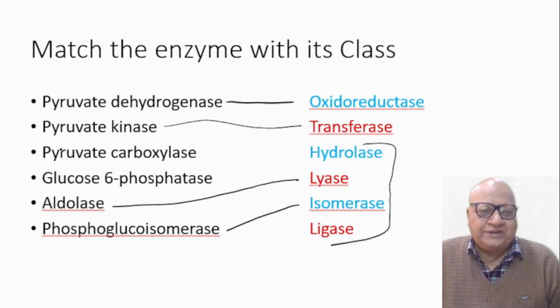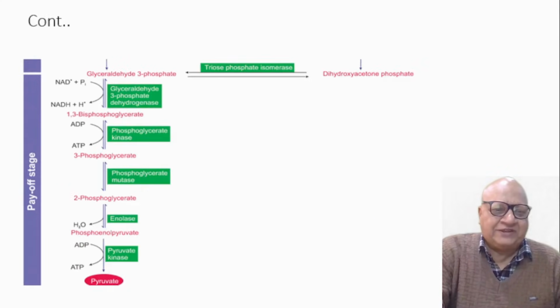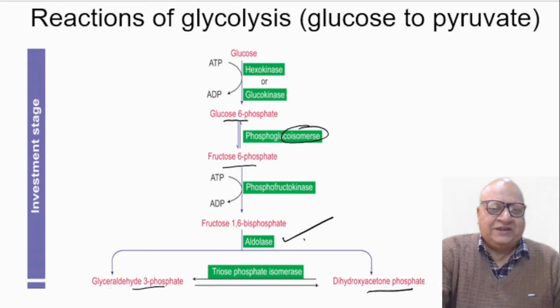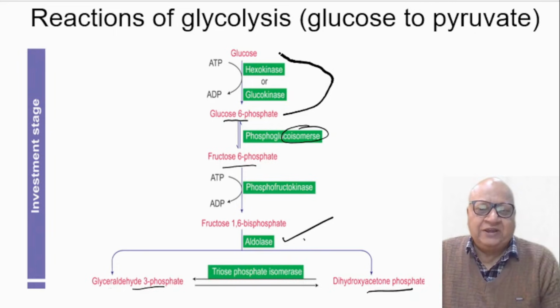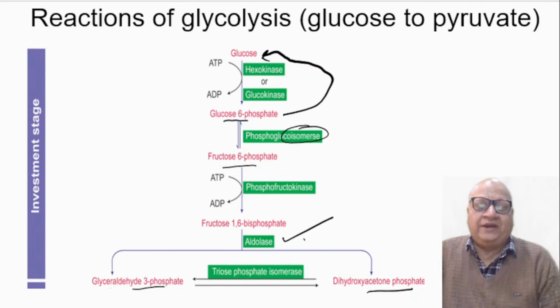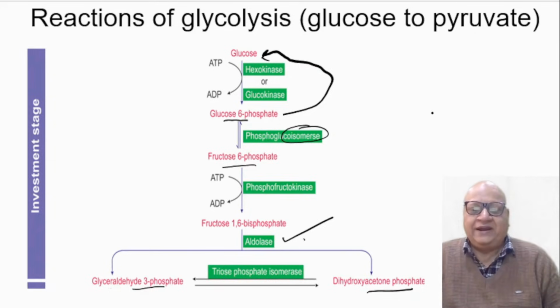Now only 2 enzymes are remaining, which we are going to see. The 5th enzyme in our list is this one, which is converting glucose 6-phosphate to glucose. The enzyme is glucose 6-phosphatase. And what is happening here? There is hydrolytic cleavage, so that the phosphate group is getting released from glucose 6-phosphate.